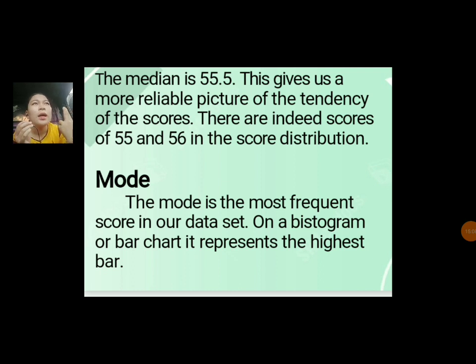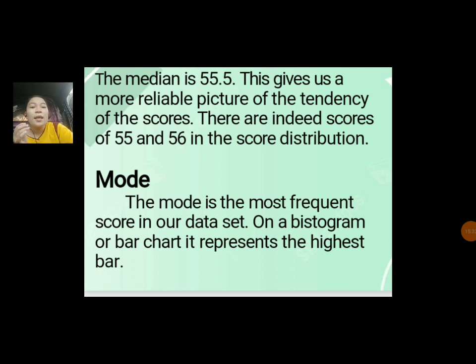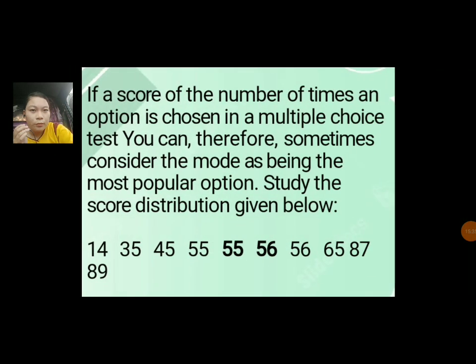So the mode is easy to get and to see, because it is the score that repeats the most. If the score is the number of times an option is chosen in a multiple choice test, you can sometimes consider the mode as the most popular option.